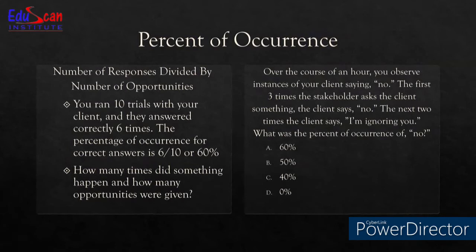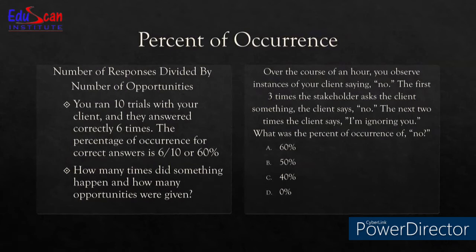How many times did something happen and how many opportunities were given? How many opportunities were given? 10. How many times did the child respond correctly? 6. So 6 over 10 becomes the percent of occurrence.